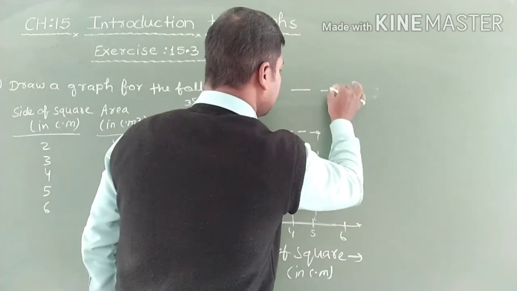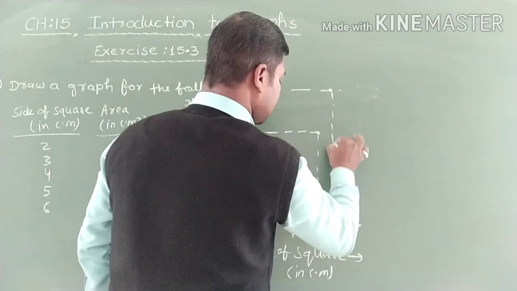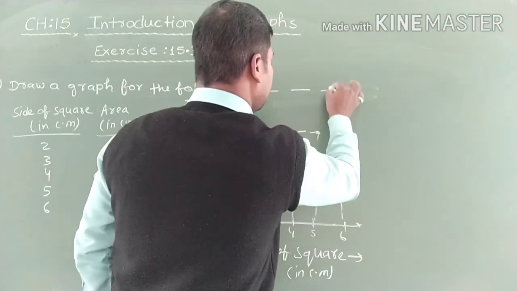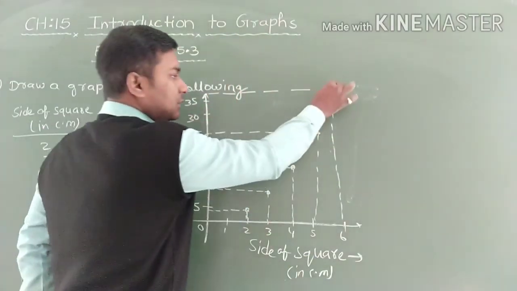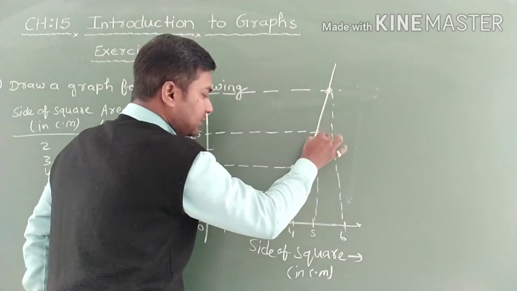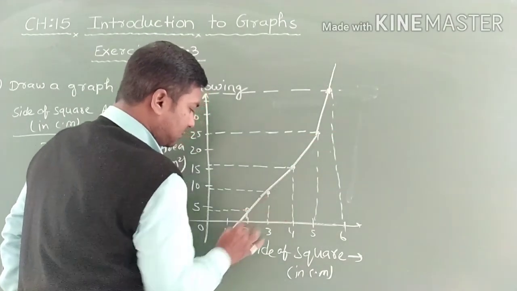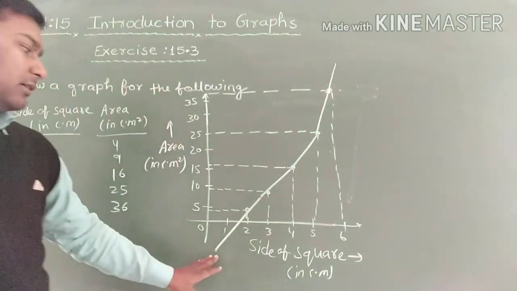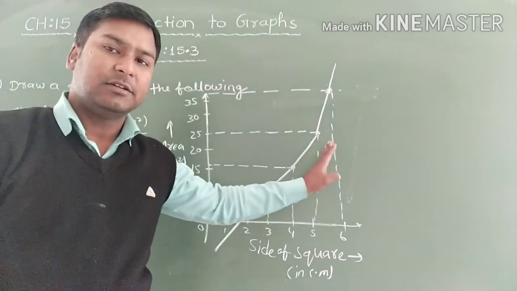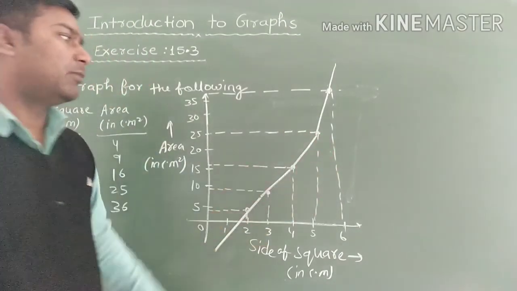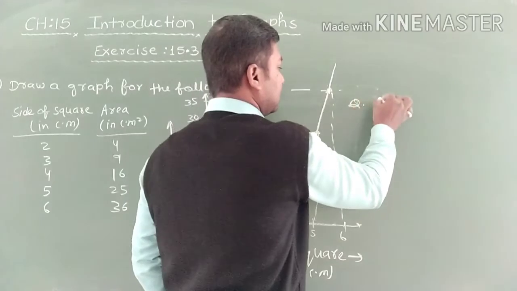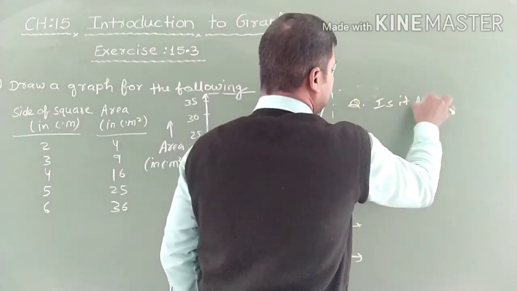Okay. So this is the point. So if we draw a line passing through these points, it's like this. That means this is not a straight line, so it is not a linear graph. Okay. The question will be, is it linear graph?